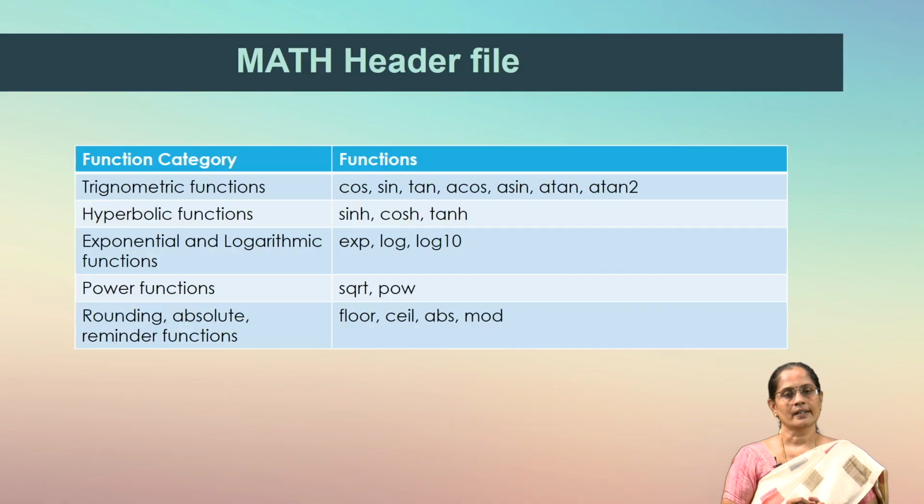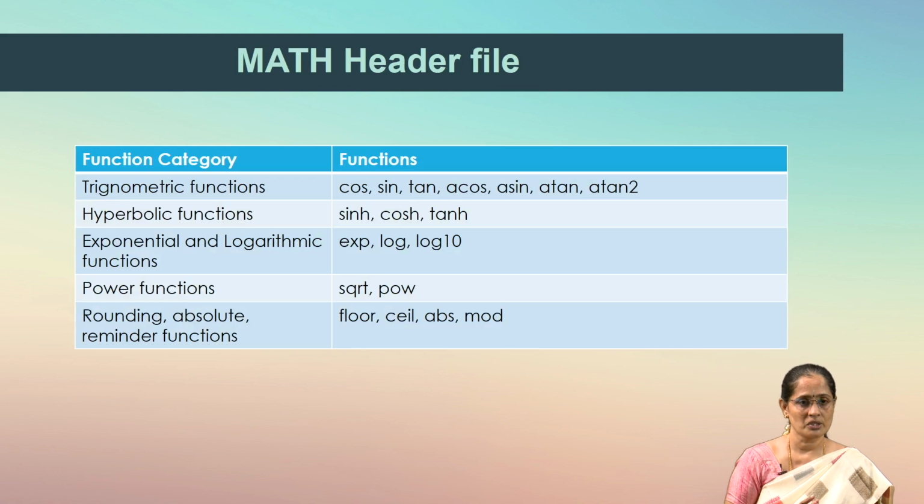The mathematical function categories are classified into major types called trigonometric functions, hyperbolic functions, exponential and logarithmic functions, power functions, and rounding, absolute and remainder functions. The corresponding functions with respect to each category are tabulated on the screen.